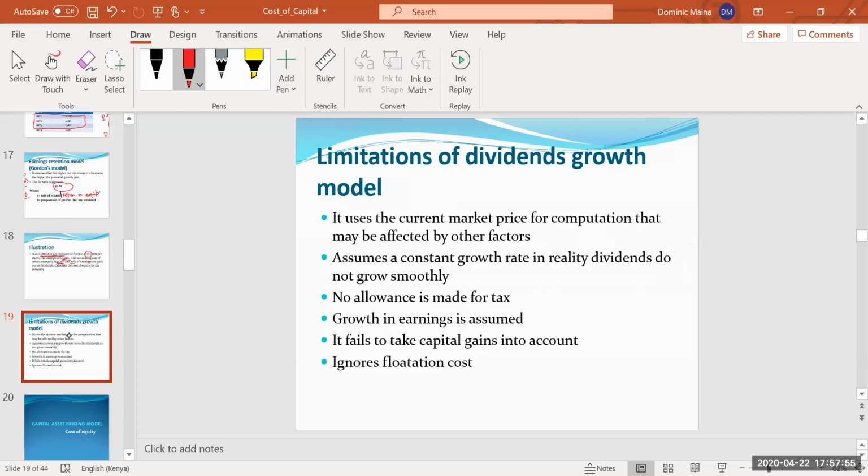There are so many factors that may influence even that growth in the dividend. So the assumption of a constant annual growth in dividend assumes that everything in the company will remain as it is today, which is not going to be the case. It might increase, it might decrease in the future.